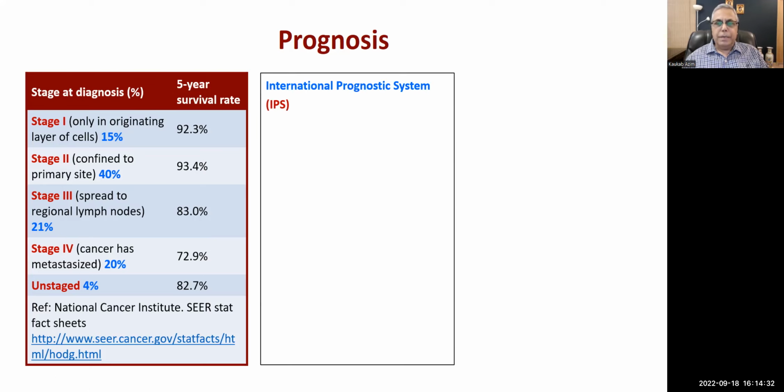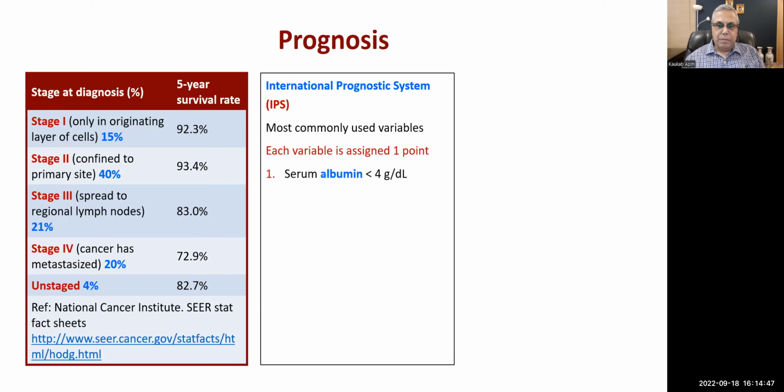And the International Prognostic Score, the most commonly used variables for obtaining an IPS score, we give 1 point to each variable. Serum albumin, if it is less than 4, we give 1 point. Hemoglobin less than 10.5 gram per deciliter, we give 1 point.